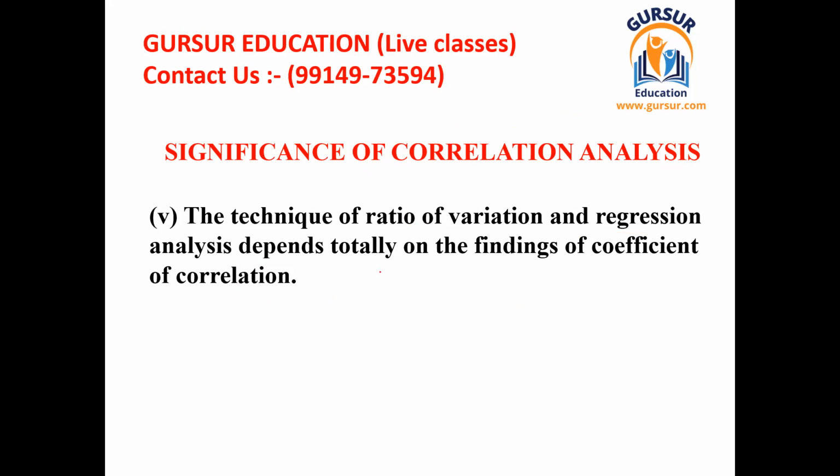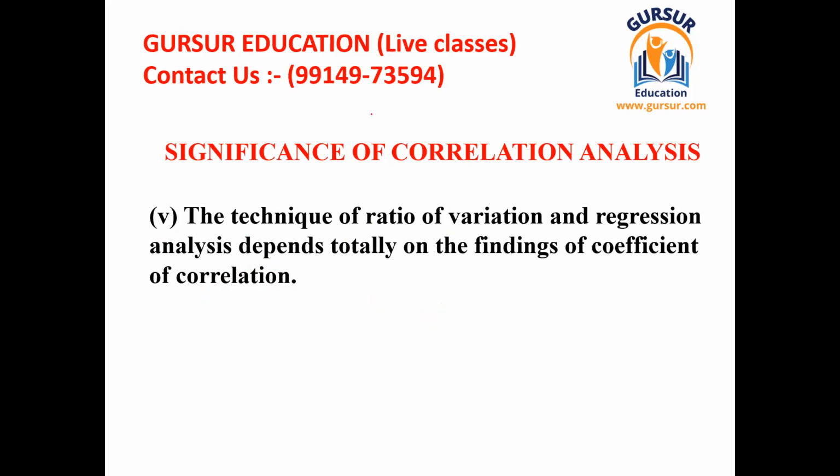That means in every study in statistics, if you are going to combine two variables, then correlation is the base of everything. Ratio of variation, regression analysis, everything depends upon correlation only. So this is why you should study correlation.